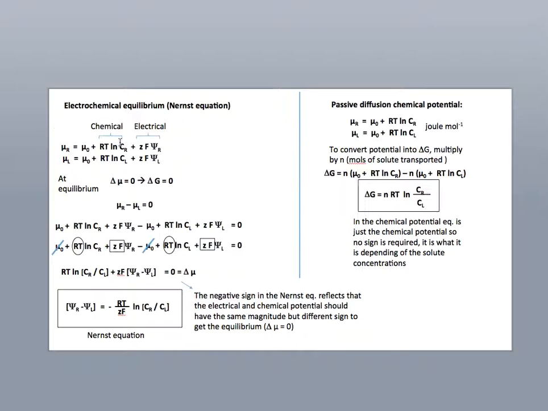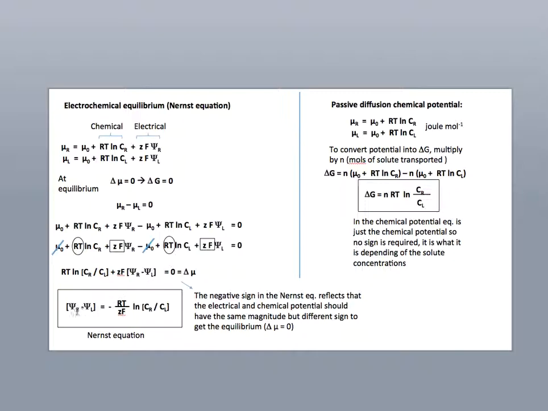Some students were asking why in here you have this negative and why in this equation you do not have the negative. So the reason you have a negative in front of the Nernst equation is because we calculated electrochemical potential for the right side and left side, inside and outside the cell, and then we subtracted them. Remember the definition: it is the voltage you need in order to have zero flux, right?